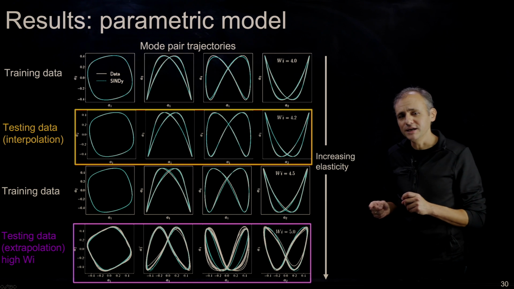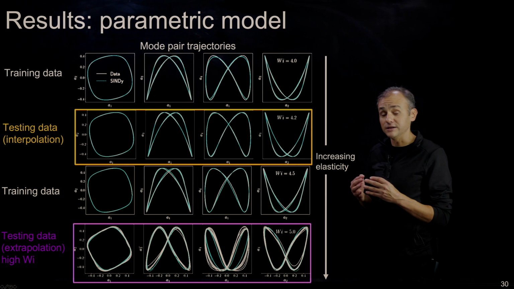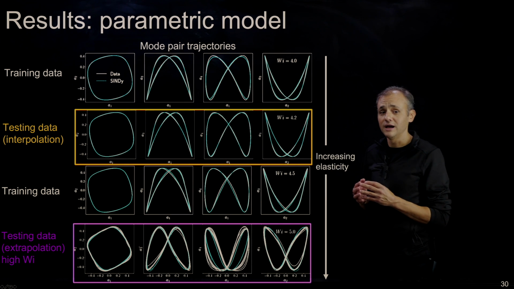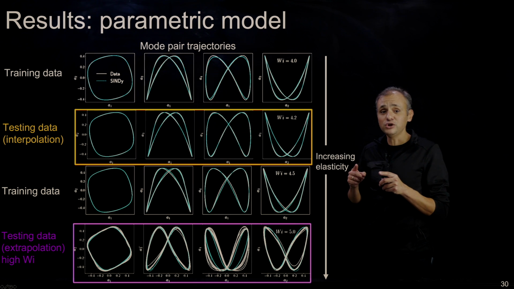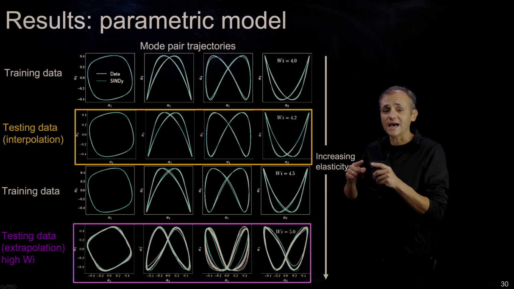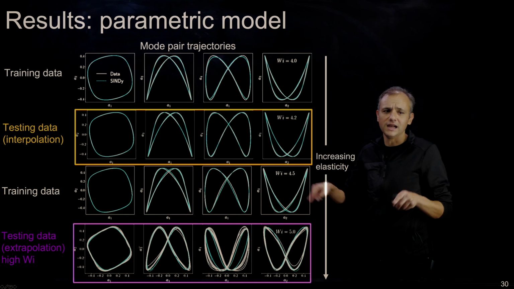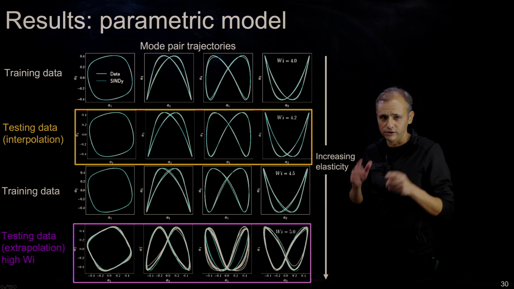But also, it's important to mention, if you increase the Weissenberg number to high values, after the training you can test for an extrapolation value of the Weissenberg number. This is highlighted in purple on your screen.